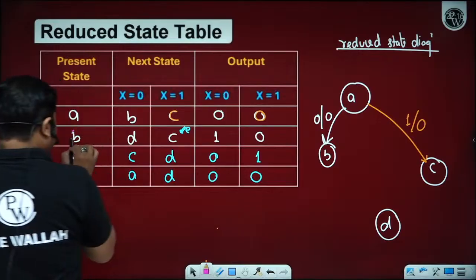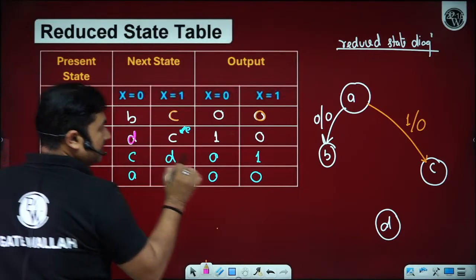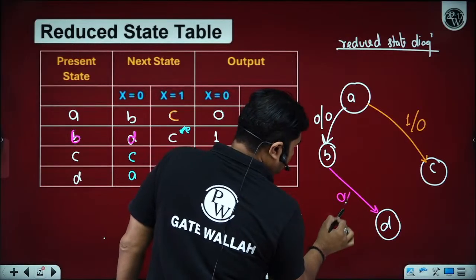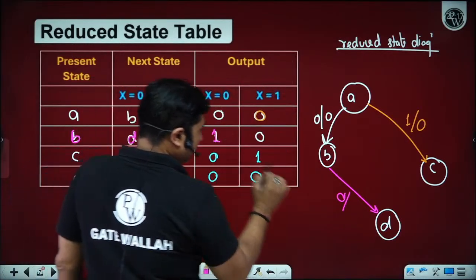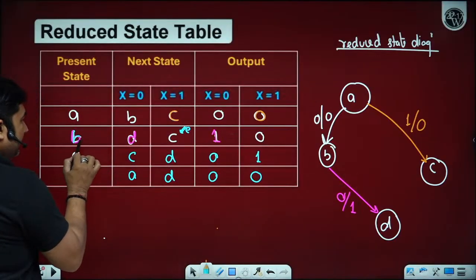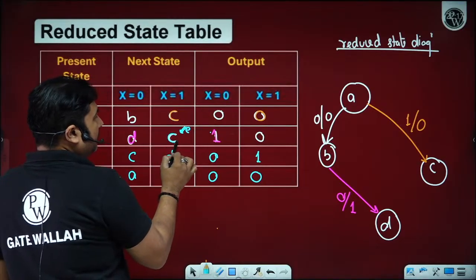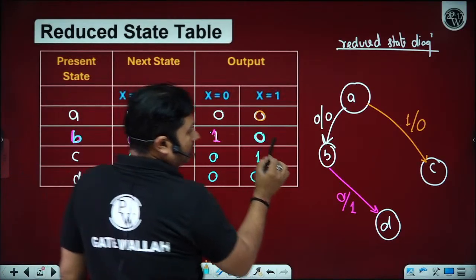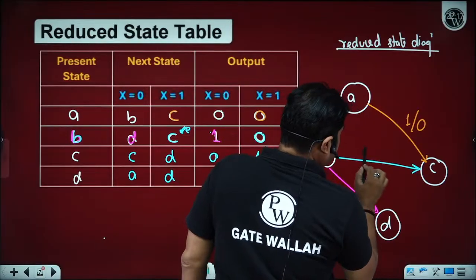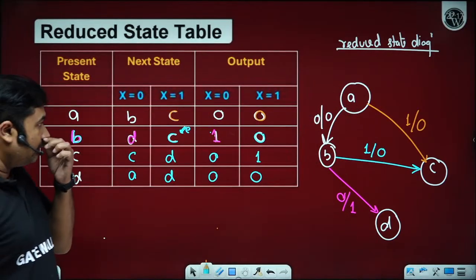Now again observe, present state B with x equals 0, next state D, output 1. Present state B with x equals 1, next state C, output 0.